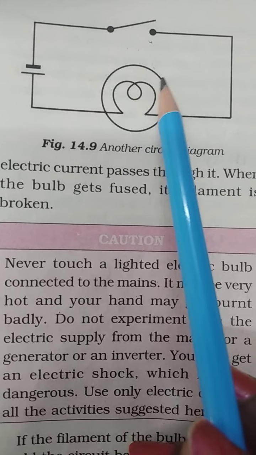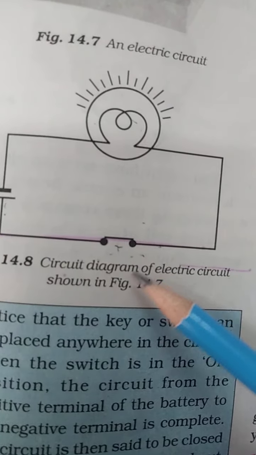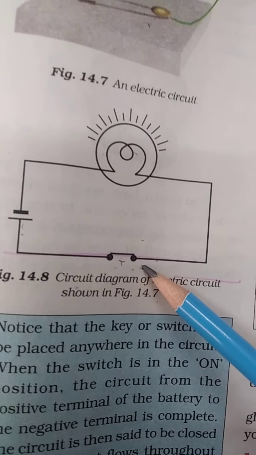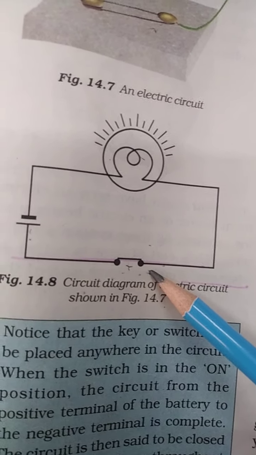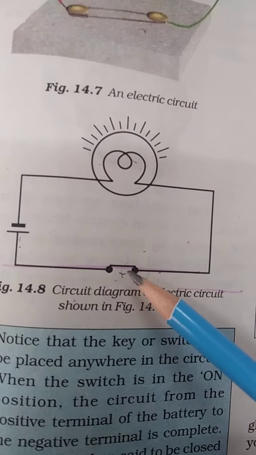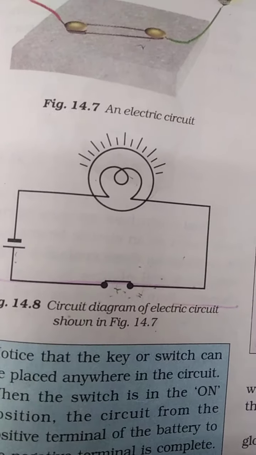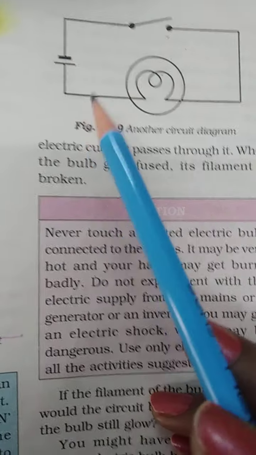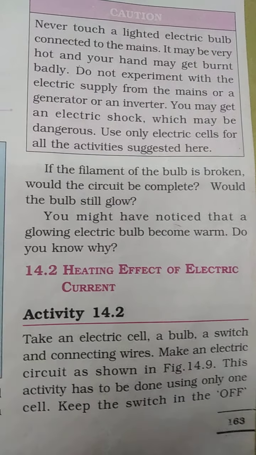And in a closed circuit, the key is switched to the on position and it is closed, so the circuit is complete. When the key is in the on position, that is a closed circuit, and when the key is in the off position, it is known as an open circuit.